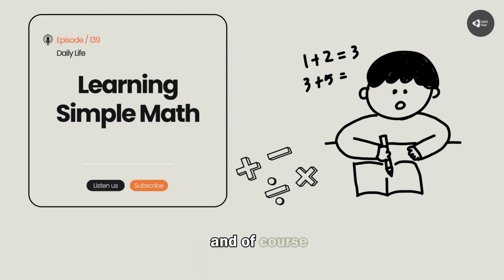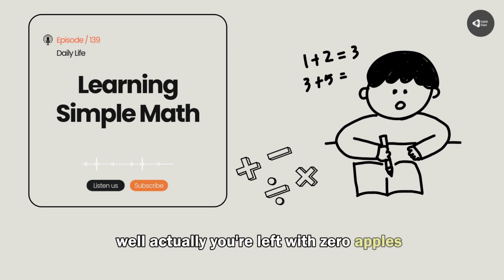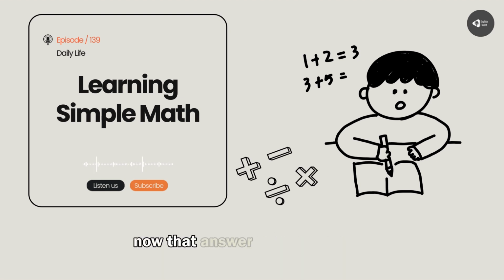And of course, if you have 56 apples and you take away 60, you're left with negative 4. Well, actually, you're left with 0 apples. Yeah, exactly. Now, that answer is also interesting. Negative 4. That means minus 4, right? 4 less than 0. Very good.